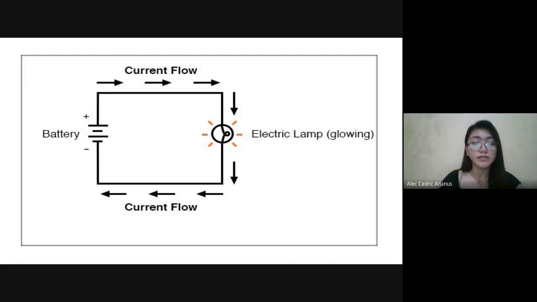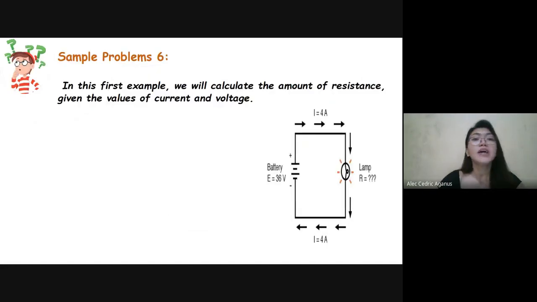We have here a circuit. In this circuit, there is only one source of voltage, which is the battery, and only one source of resistance to current. This makes it very easy to apply Ohm's law. So let's try it in the problem. In this first example, we will calculate the amount of resistance given the values of current and voltage.